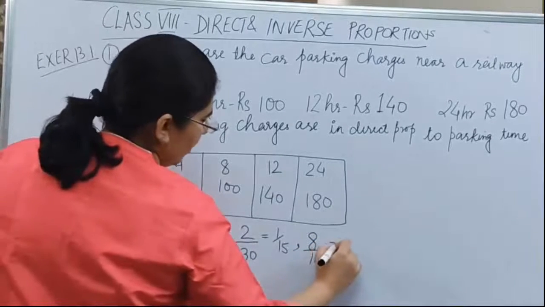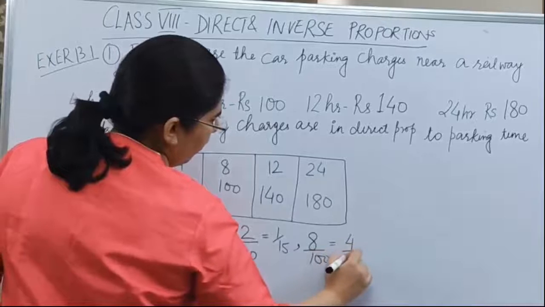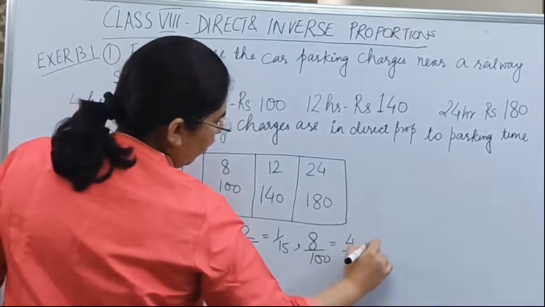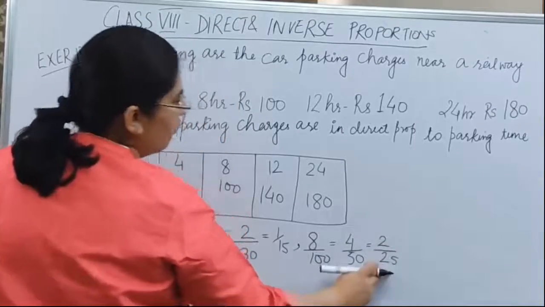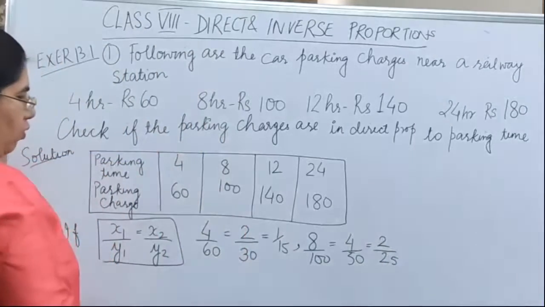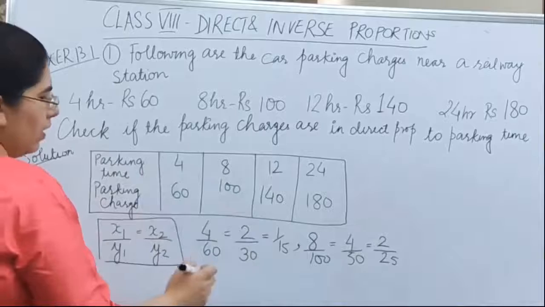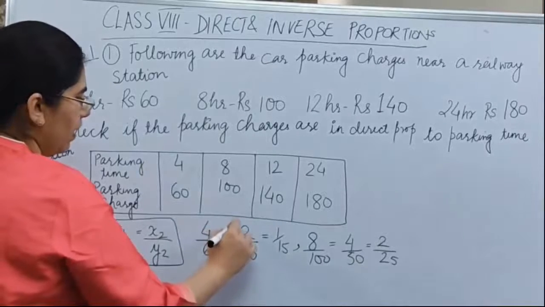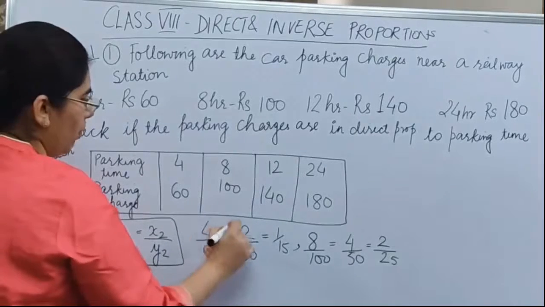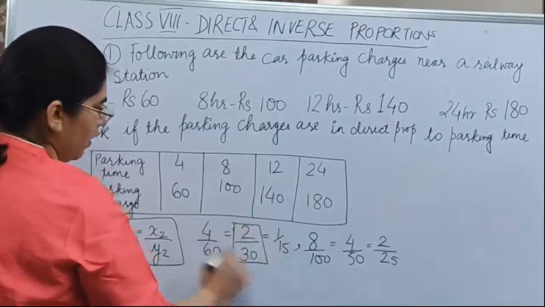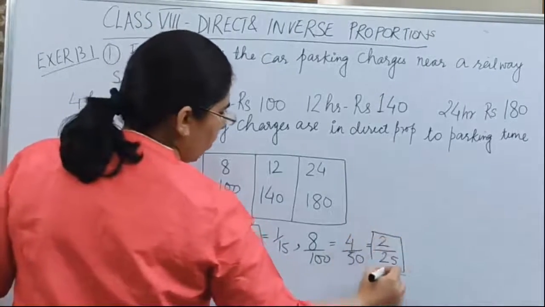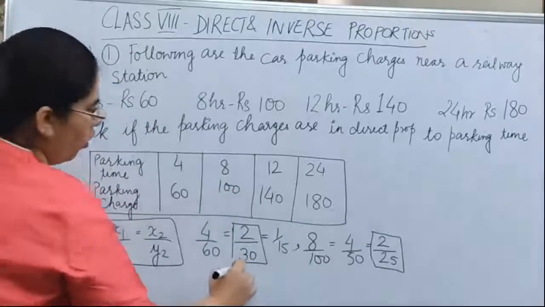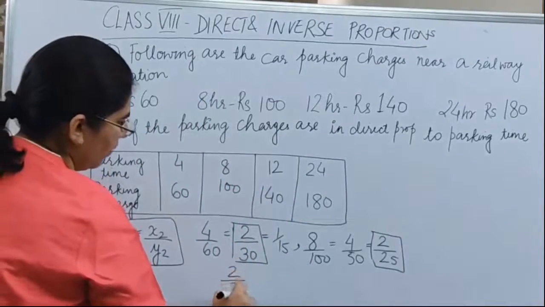Further I can simplify it as 4 upon 50 or 2 upon 25. Can I further simplify this? No. So, this quantity when simplified gives me 1 upon 15, and this quantity when simplified gives me 2 upon 25.